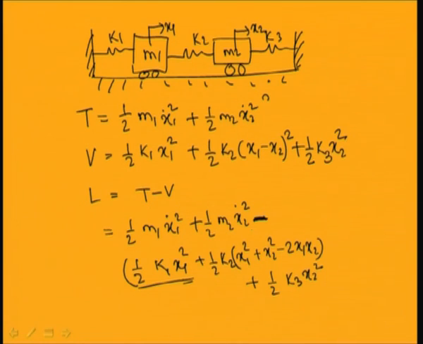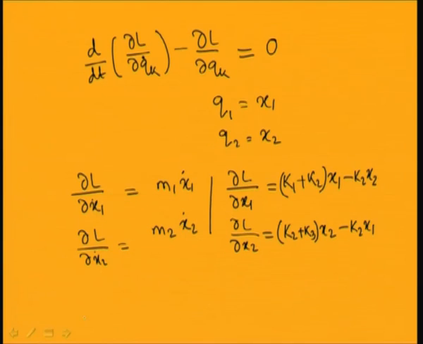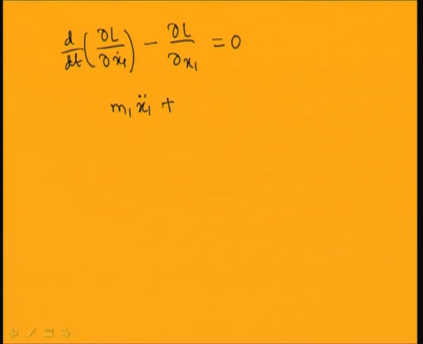L equals T minus V, so when you are differentiating, these terms become negative and this becomes positive. So for minus del L by del qk, you will have minus minus plus, and this becomes plus (k1 plus k2) into x1 minus k2 x2.